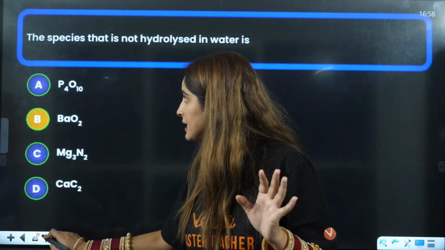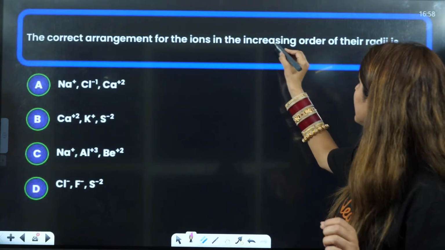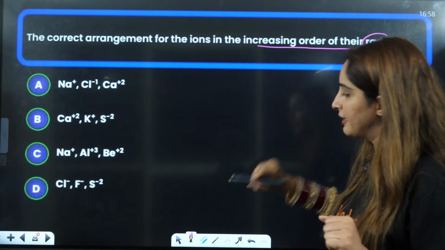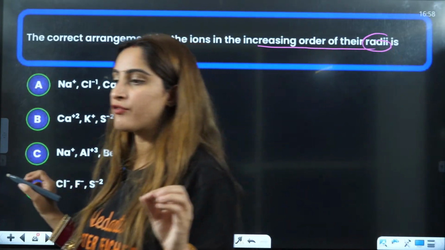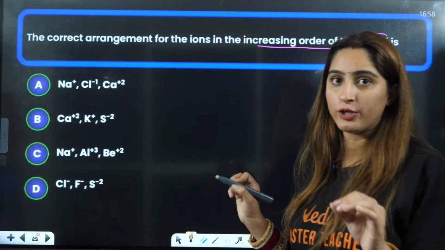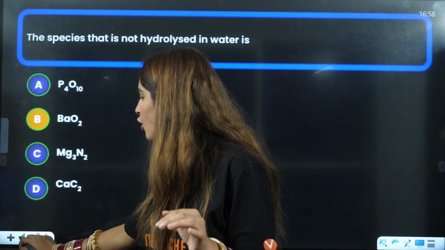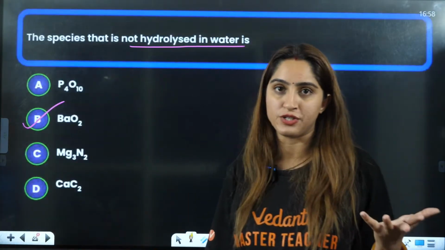Next is the correct arrangement of the ions in increasing order of their radii. As you can see, this is a question from isoelectronic species, which is again a very important topic. These kinds of topics are cramming based questions, right?